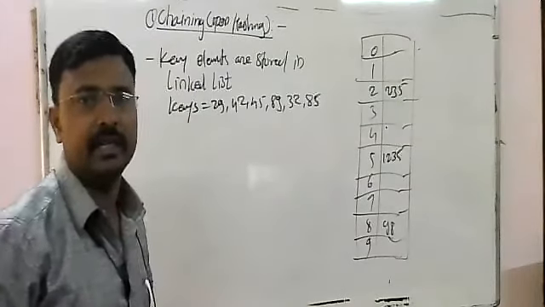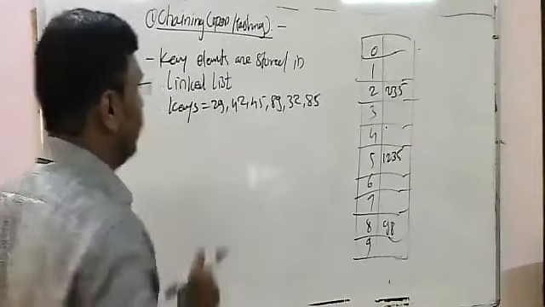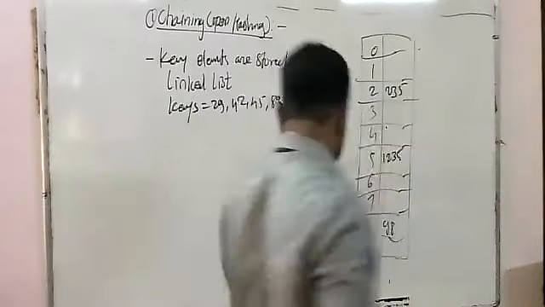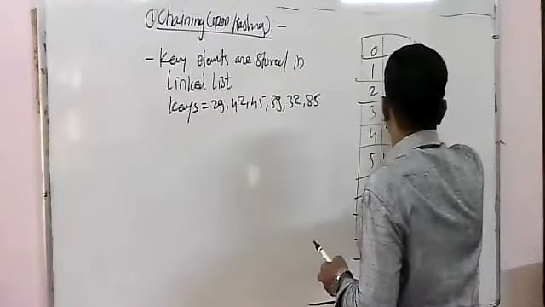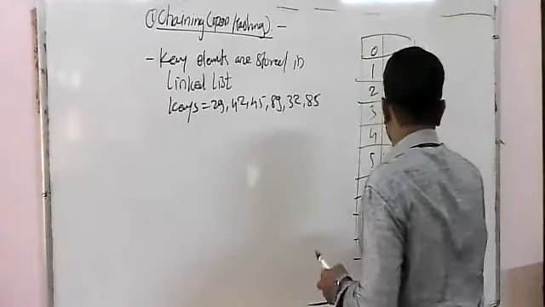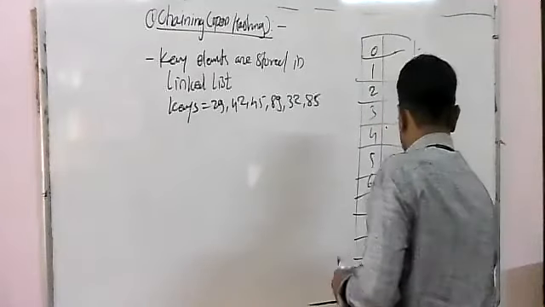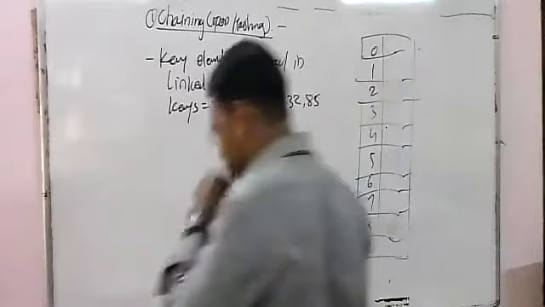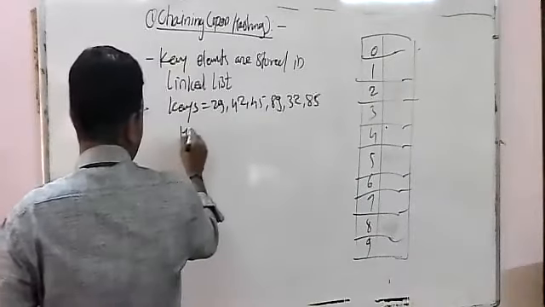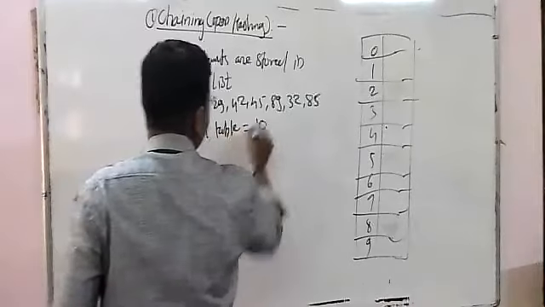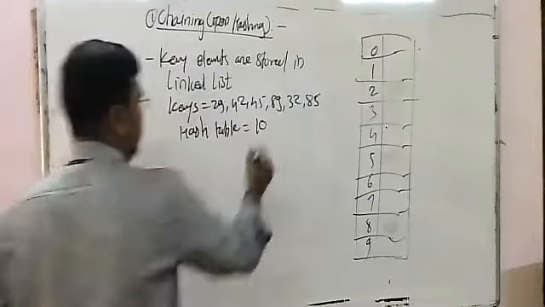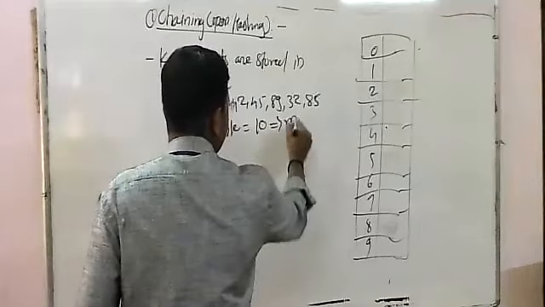And we want to store these elements into our hash table, which is having a size m equal to 10. Hash table size is equal to 10, means m is equal to 10. This is the m value.